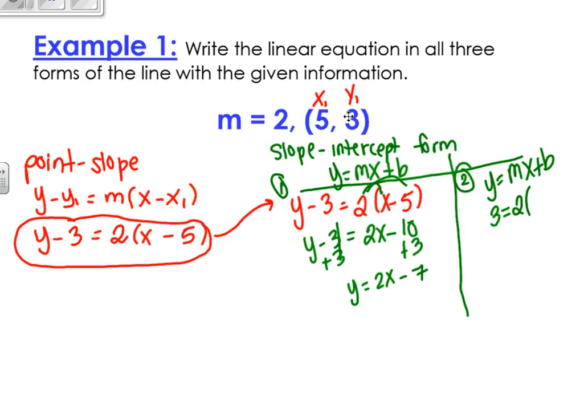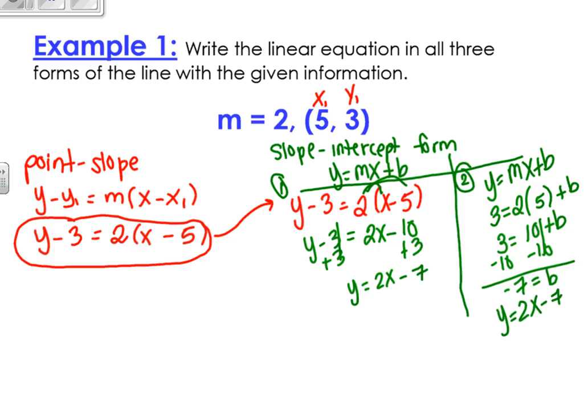I know an x is 5. I don't know b. That's what I need to solve for. You can do this for any point that's on the graph. So if I was going to do this, I would get 3 equals 2 times 5 is 10, minus 10, negative 7 is equal to b. So you see that negative 7 is equal to b here too. Y equals m was 2, x minus 7. You get the same answer.